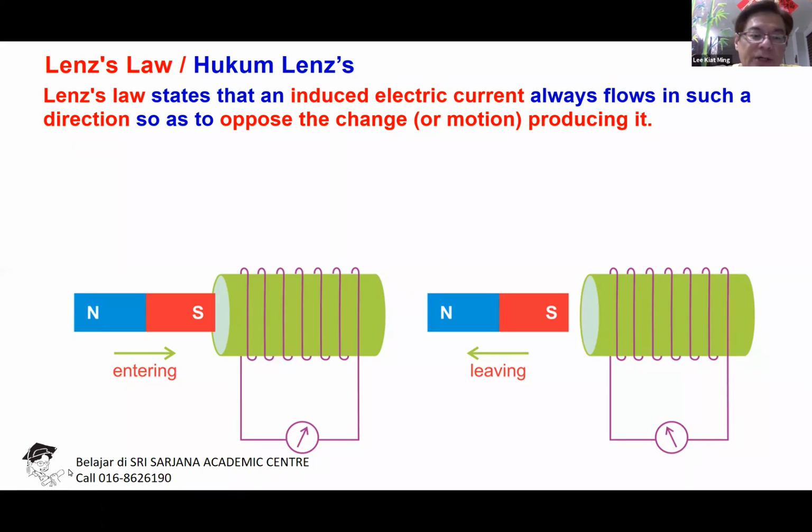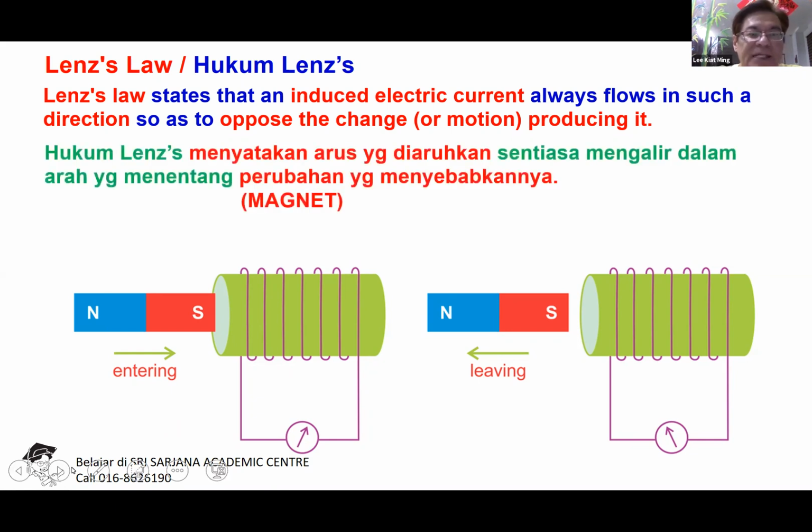Let's take a look at the Bahasa version. Hukum Lenz menyatakan arus yang teraruh sentiasa mengalir dalam arah yang menentang perubahan yang menyebabkannya. Maksud menentang perubahan yang menyebabkannya, perubahan itu sebenarnya adalah magnet.